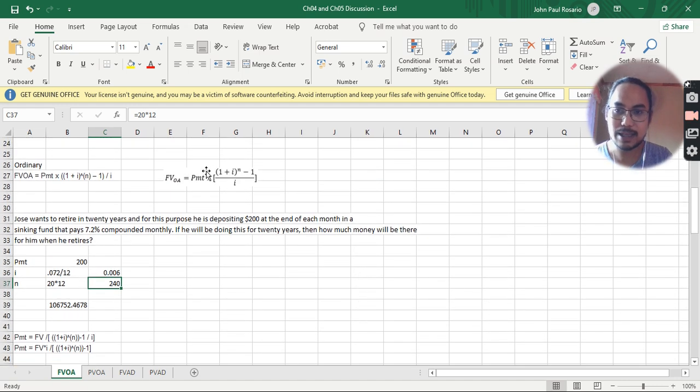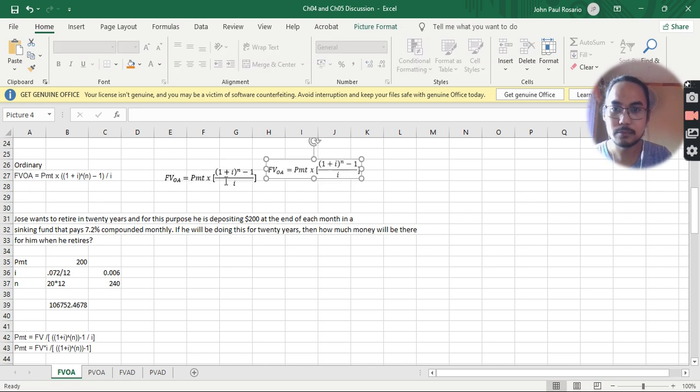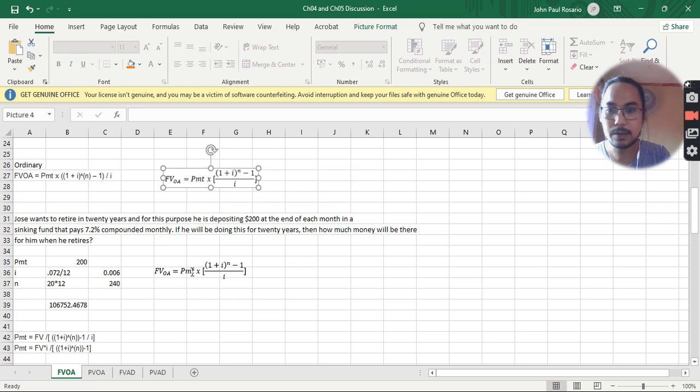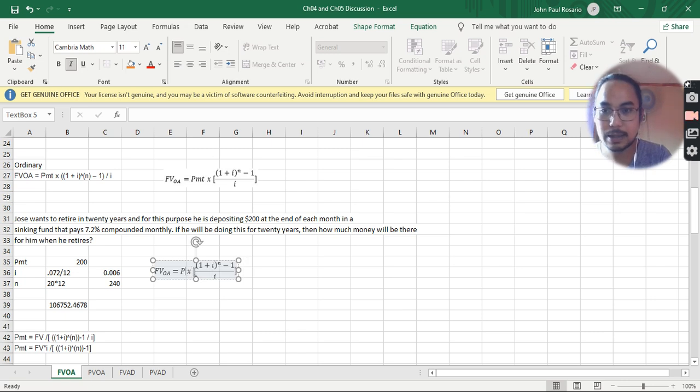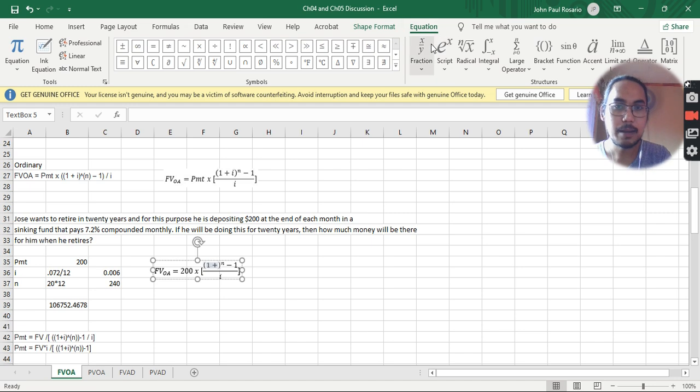If we replace it here, we know that our payment is 200, and to be safe, so that the whole decimal is preserved, I usually write i as 0.072 over 12. And for our n, we already know it's 240.